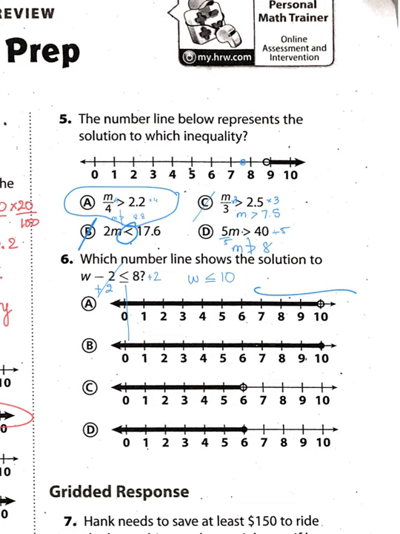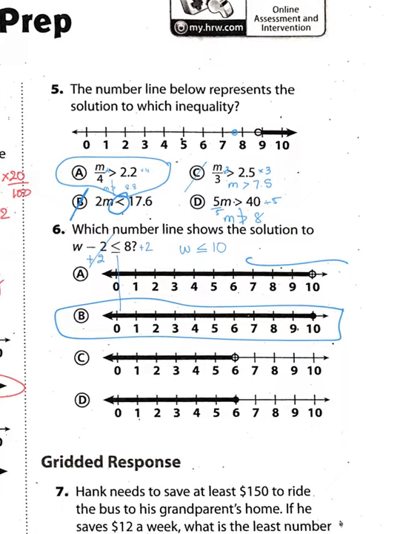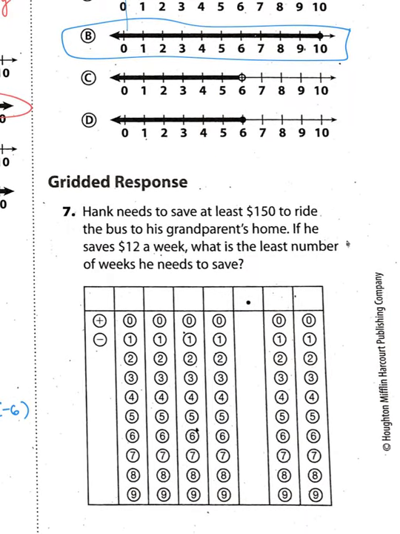Hank needs to save at least $150 to ride the bus to his grandparents' home. If he saved $12 a week, what is the least number of weeks he needs to save? So he needs to save at least $150. And he saves $12 a week, and I'm looking for the number of weeks. So we have 12w. So it's a multiplication problem. So we divide by 12 on both sides.